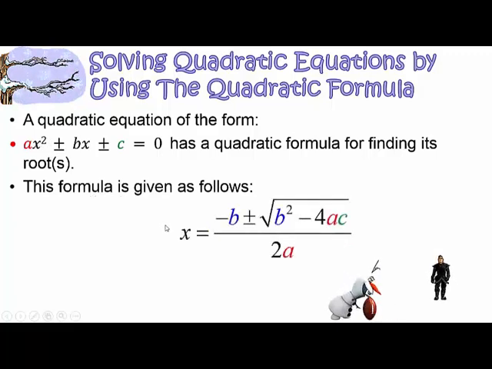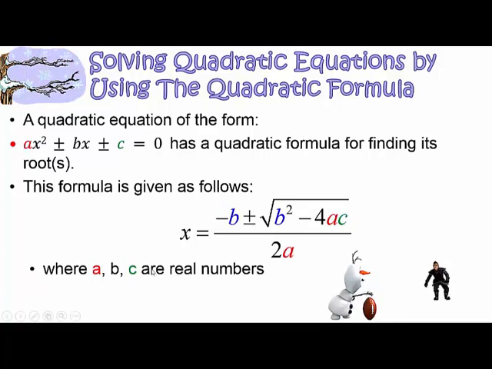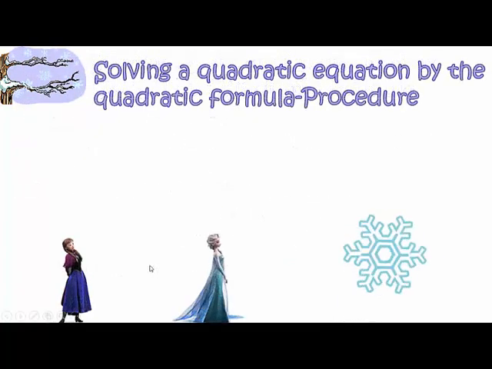So the formula is given as follows. And because, as I just mentioned, it has two answers, that's what the plus or minus means. This gives plus this, and then we also do subtracting that. And a, b, and c are real numbers.